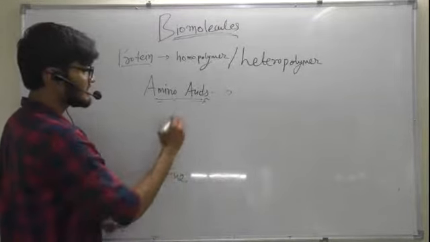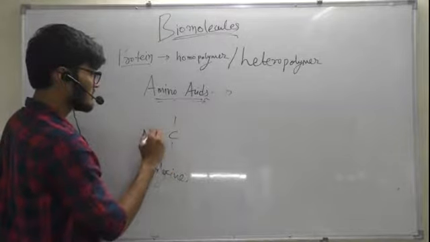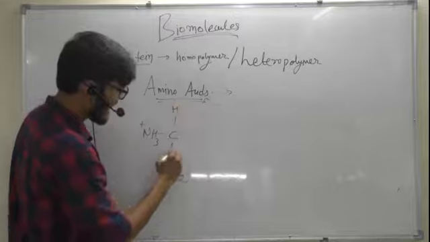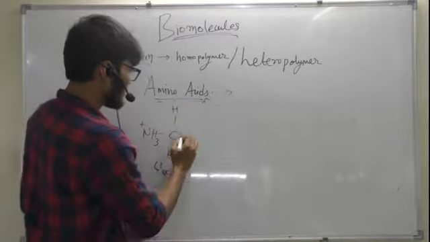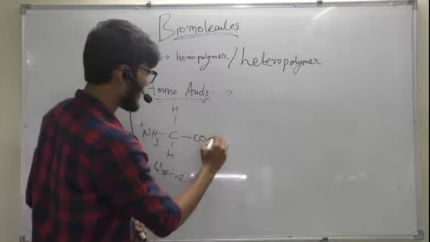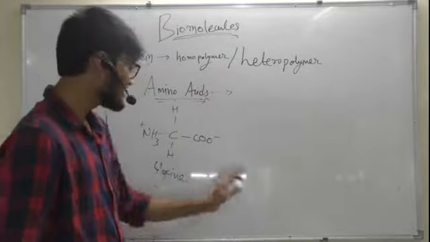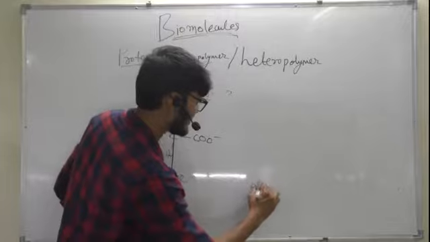In the case of glycine, there will be this NH3 plus here. This is H, the R moiety will be H, and here the COO minus. Suppose the other amino acid that it has to combine with is phenylalanine.